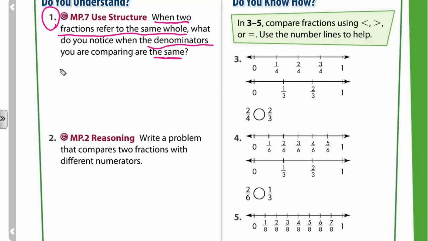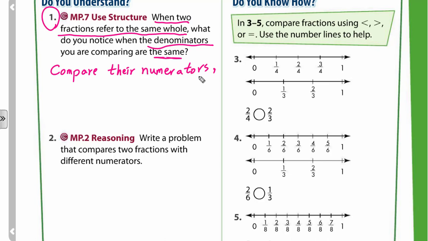The first way is to compare their numerators. So we have the same number down, so we compare the numbers up. And when we compare the numbers up, the bigger number gives the bigger fraction.